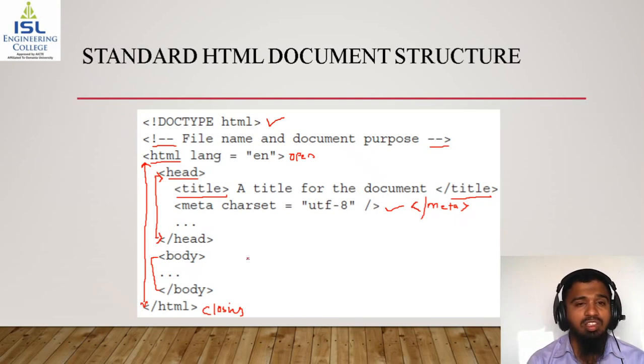Okay, so this is the standard HTML document structure. Whenever you are writing HTML code, you must know the structure of the document. This is the standard HTML document structure.